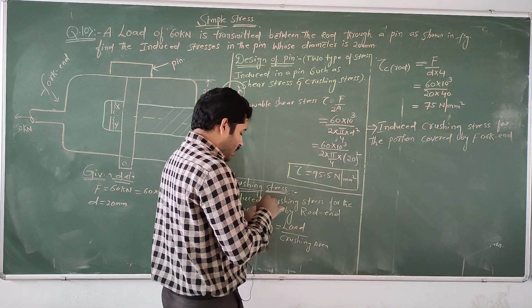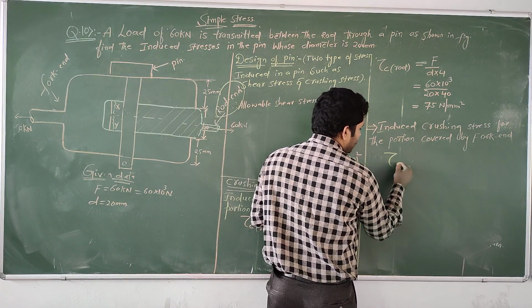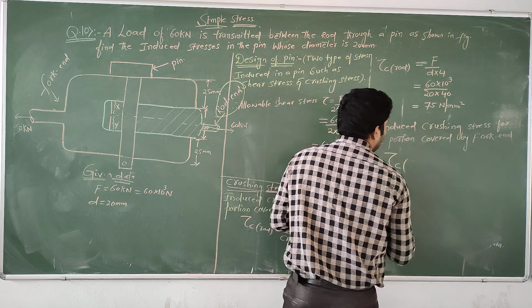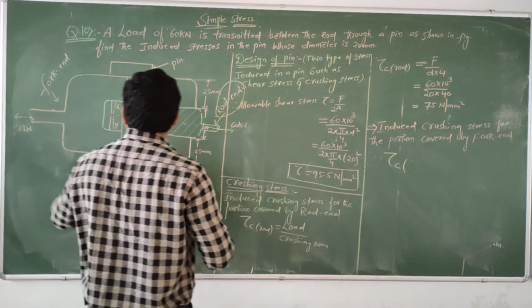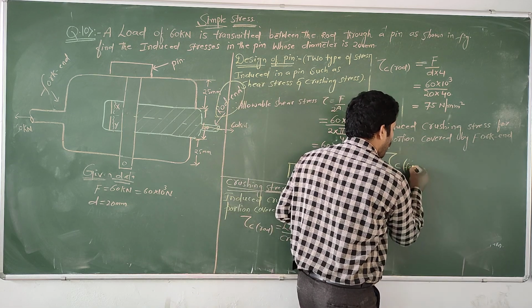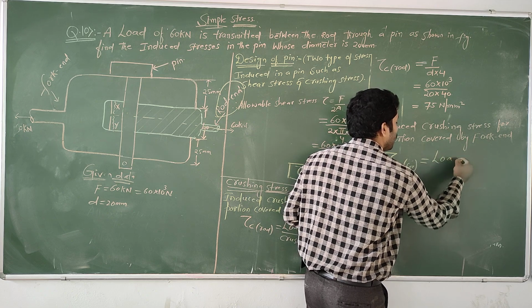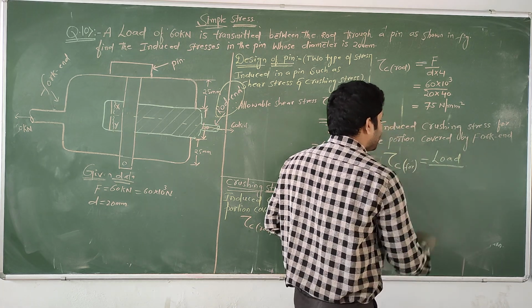We have to present here the crushing stress covered by the fork end. Then we can present it as crushing stress at the fork end equal to load per unit crushing area.